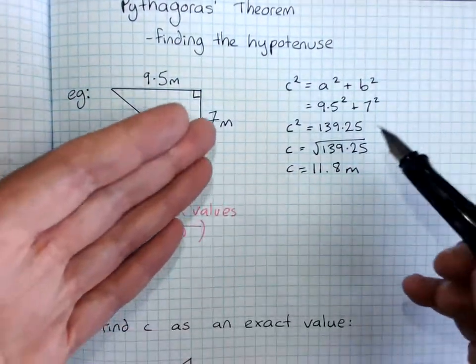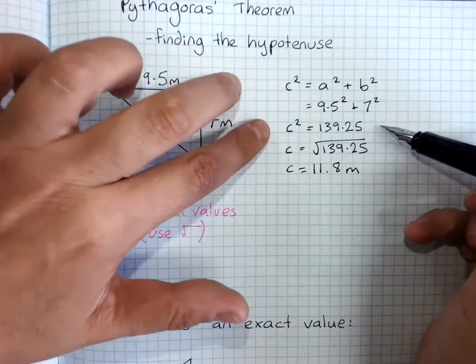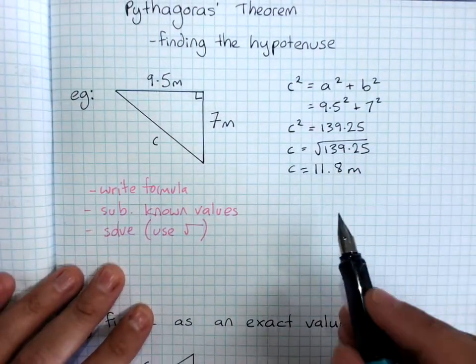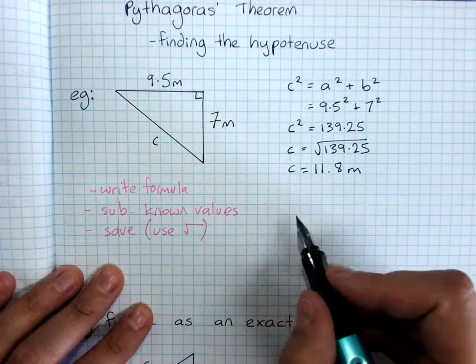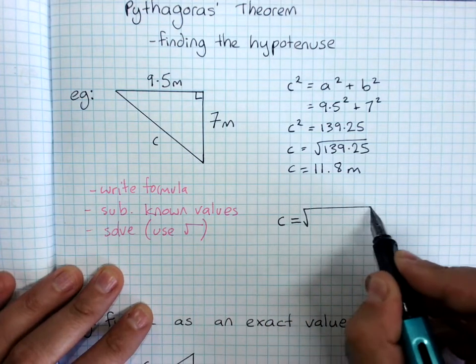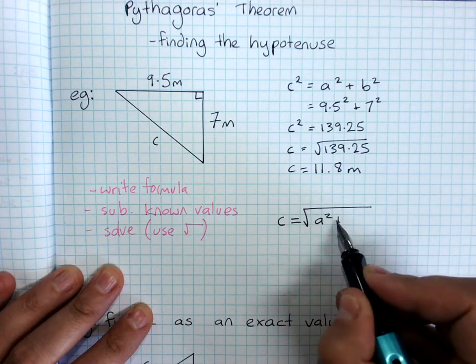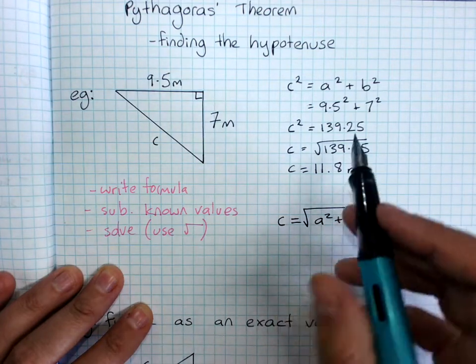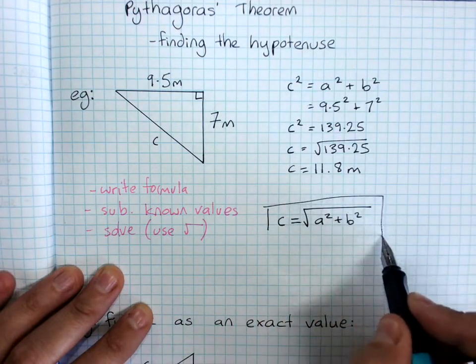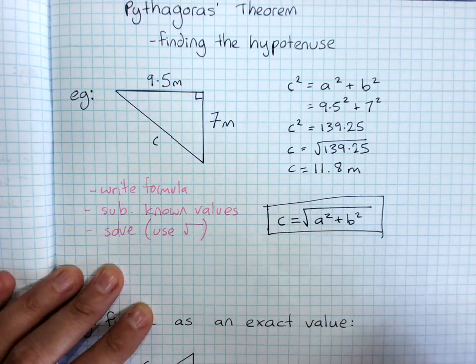So, when you do this, formula, working, answer with units, you must remember your square root. There is an alternative version of the formula, which is c equals the square root of a squared plus b squared. You can see how this works. You're welcome to use this if you prefer it.